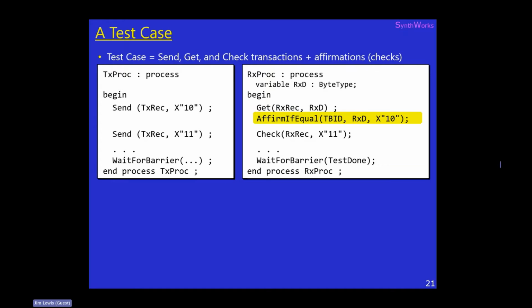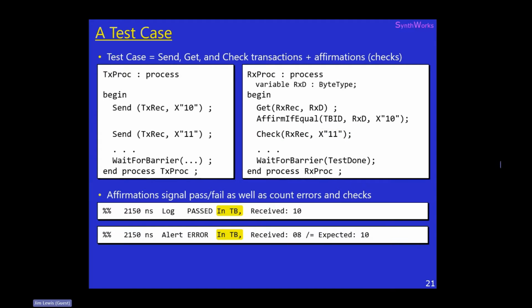And then we do affirm if equal, to check the value we received against the value we were expecting. So that's one place we could be doing a check. Or we could push the check off into the verification component, given that the verification component has implemented this transaction, and ask it to do the checking internally. So we're giving it the expected value. It does the checking inside.